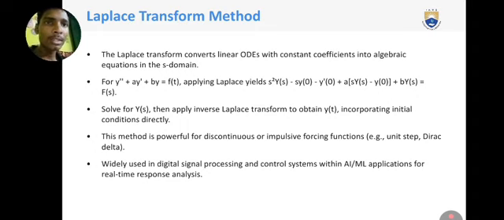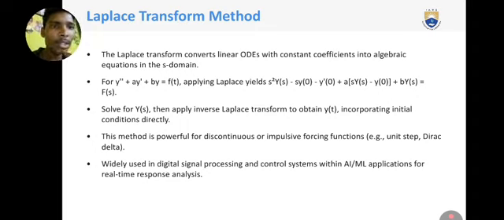Laplace transform method. The Laplace transform converts a linear ODE with constant coefficients into an algebraic equation in the s domain. For y'' + a y' + b y = f(t), applying the Laplace transform gives s²Y(s) - s y(0) - y'(0) + a(sY(s) - y(0)) + bY(s) = F(s).